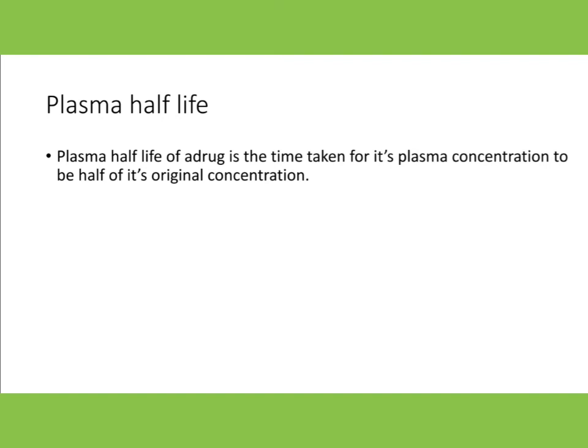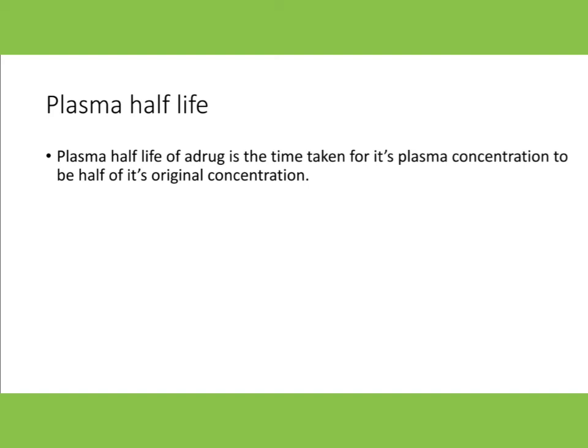At how much time does this 100 milligram become 50 mg, then 25, then 12.5, then 6.25? Like this. As an example, you have taken a 100 milligram dose of a drug intravenously, which has a 15 minute plasma half-life.